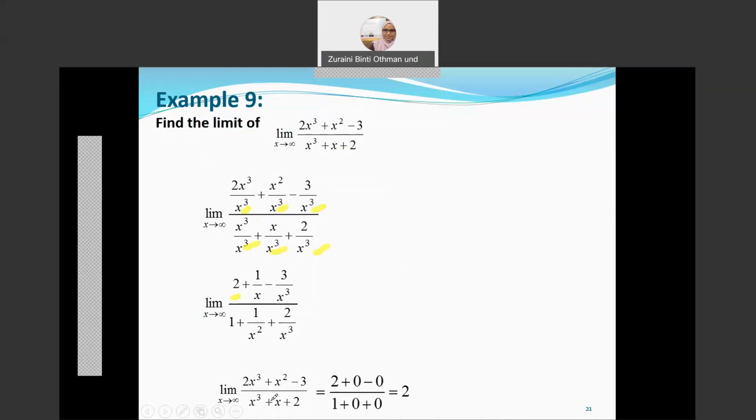Okay, so by using the previous theorem, kita tahu nilai yang saya bulat-bulatkan ni ialah kosong. So yang dia ada ialah 2 over 1. So the final answer will be 2.